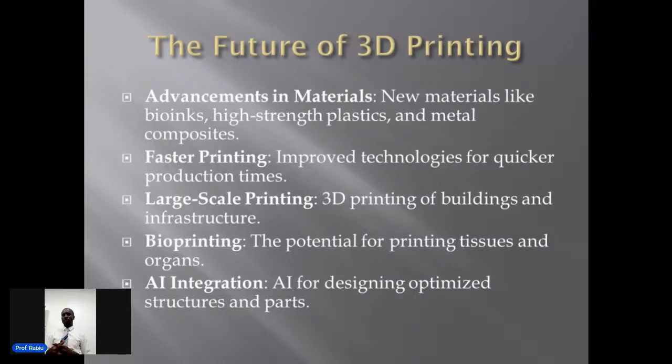Future of 3D printing. We're looking into the advancement in material. It can give more chance for printing more incredible items. You can have fiber where the item will be stronger. As you can see, this is not that strong, right?